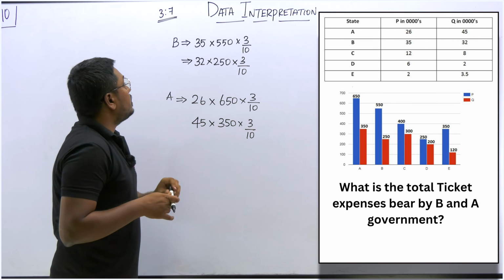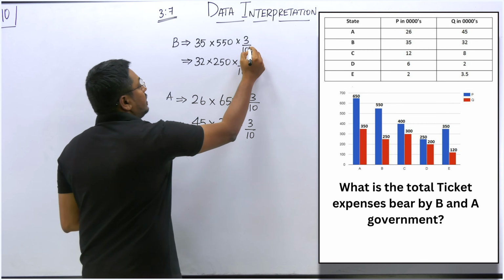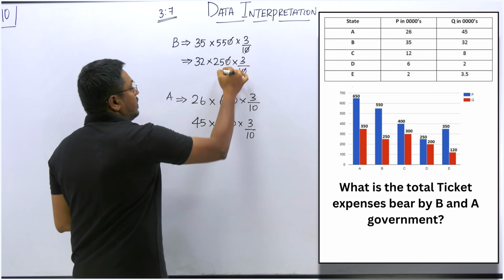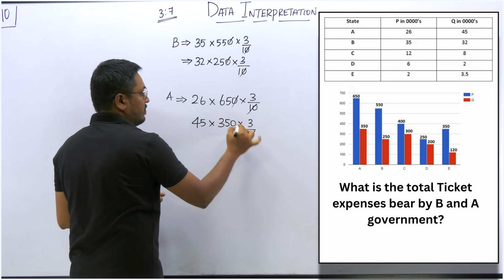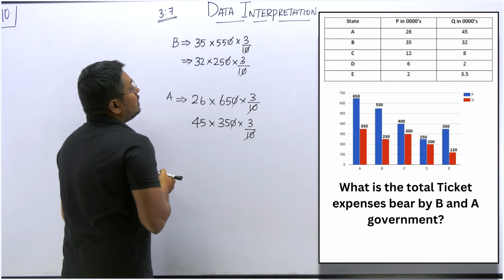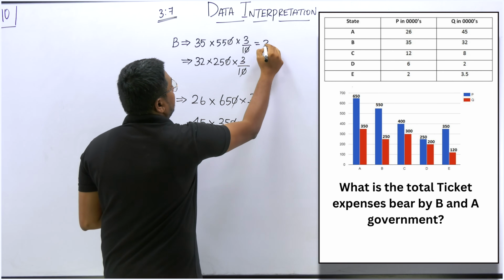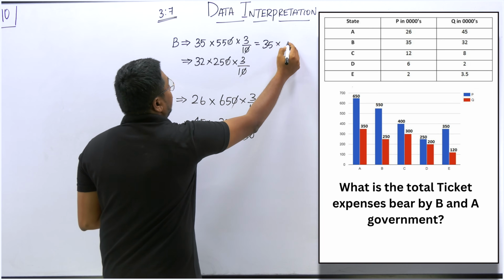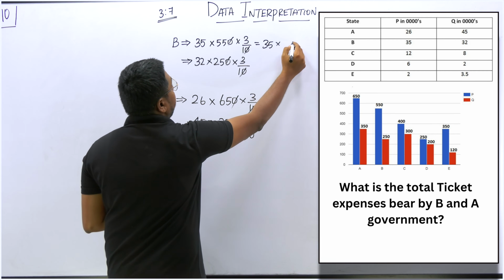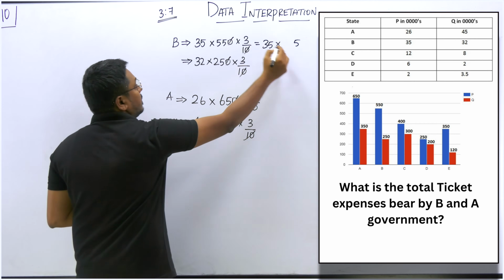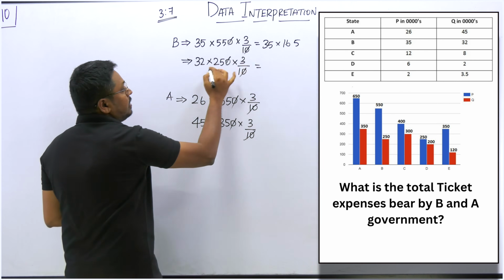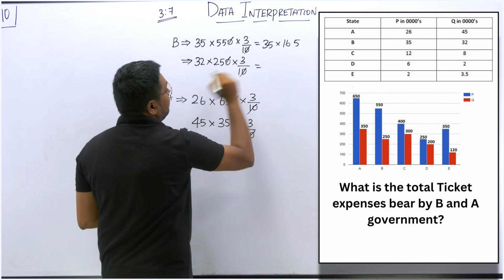Okay, no way we can cancel the 0s here. Similarly, 0, 0, we have to multiply it, right? No other way. So what we can do is 35, so 5 3s are 15, 165. Similarly 25 into 3 will be 75.